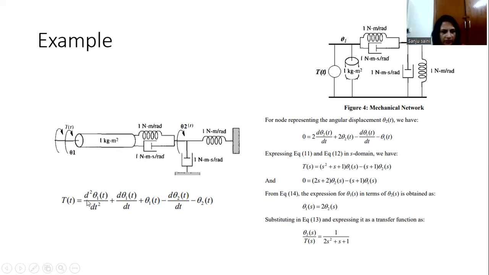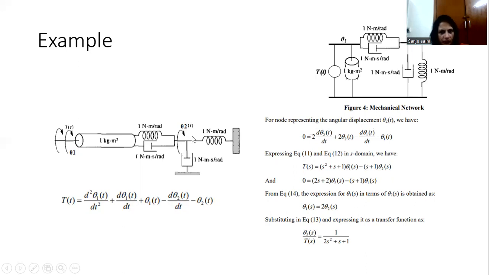So this will be J d2 theta by dt square plus D d theta by dt, D is also equal to 1, plus K theta. Then next, here it is minus D d theta 2 by dt minus K theta 2, because two more elements are also here.